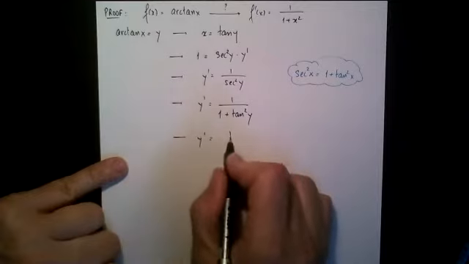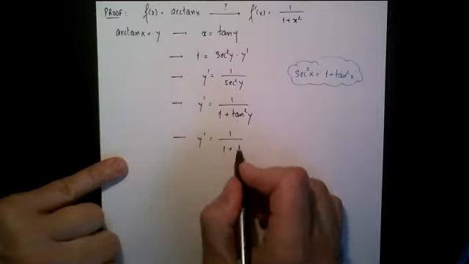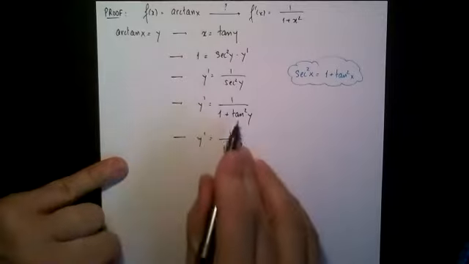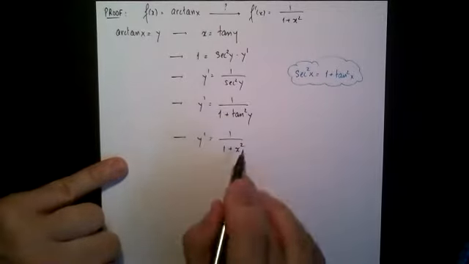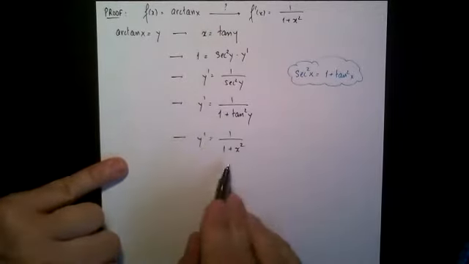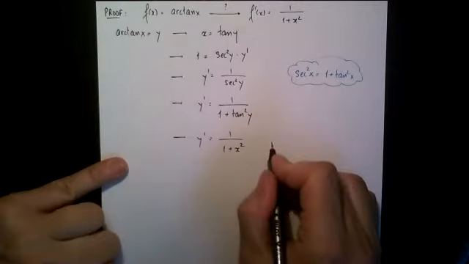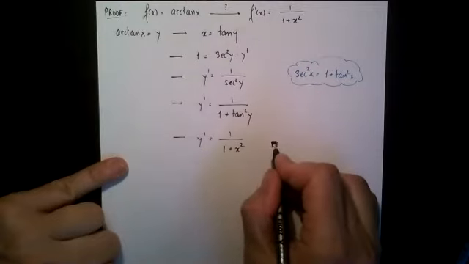So y prime will be 1 over 1 plus x squared, right? Tangent y, which is x, squared. Done. I just showed it. Okay, so you might be asked on the test to prove this, okay? So you have to know it.